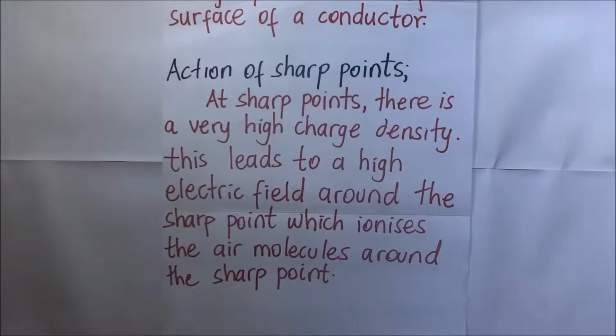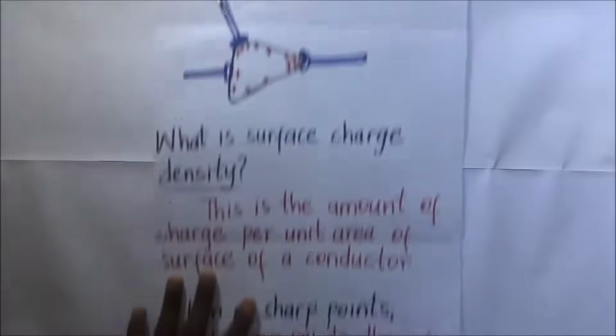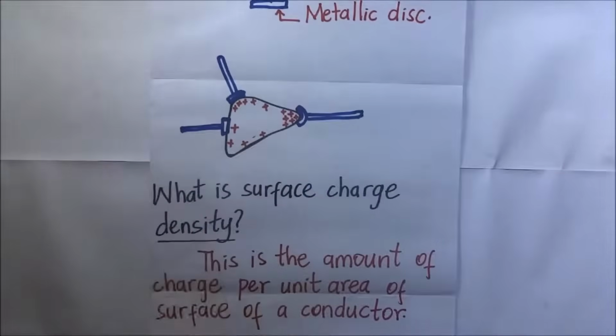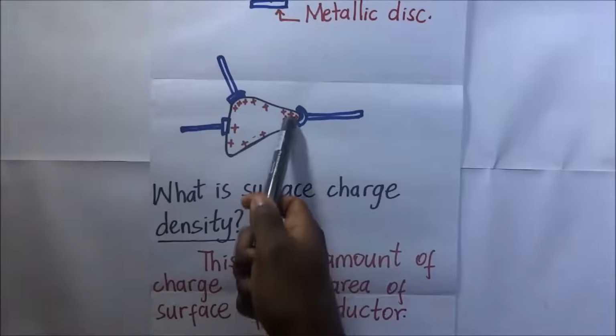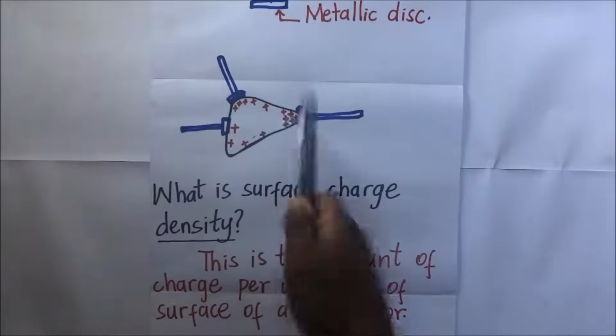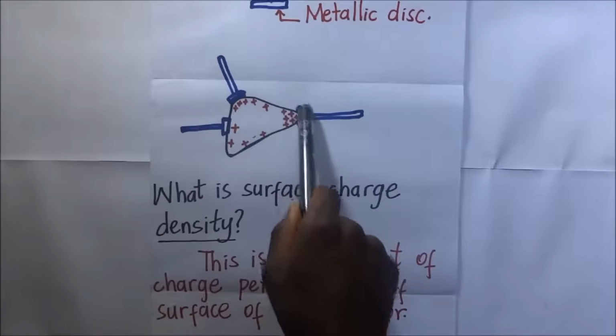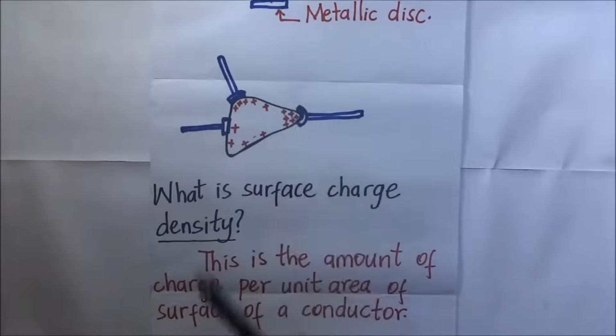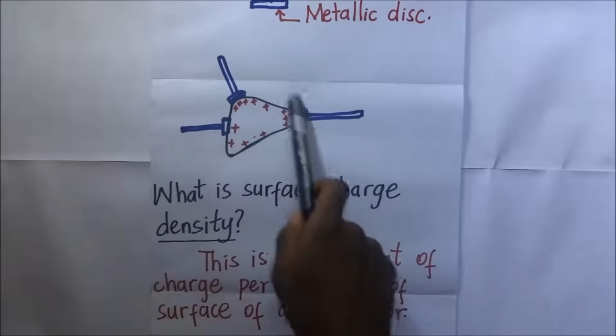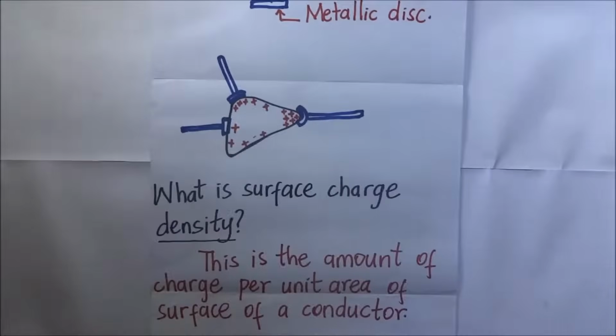This leads to a high electric field around the sharp points, which ionizes the air molecules at the sharp points. This is the sharp point we are talking about. Because there is a very high surface charge density there, this is going to ionize the air around here. And when the air around here is ionized, that is what we call the action of sharp points.